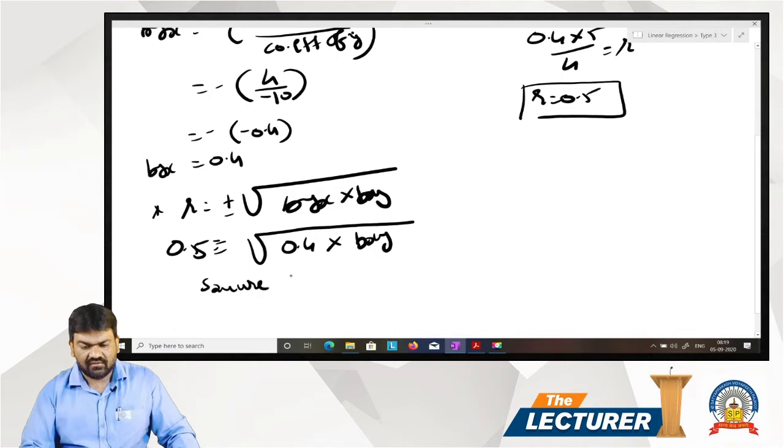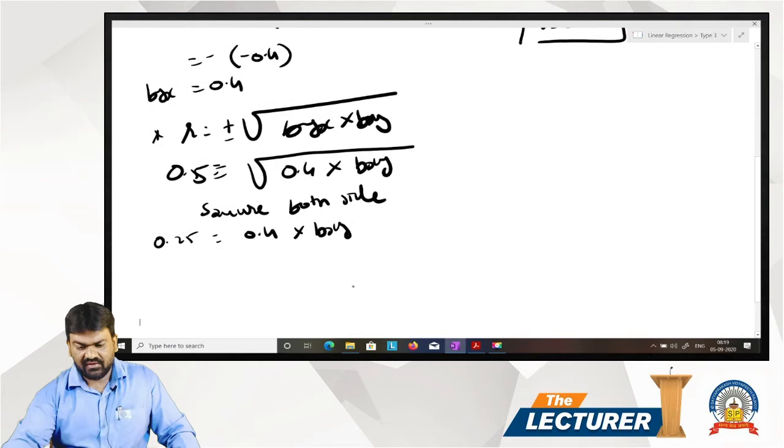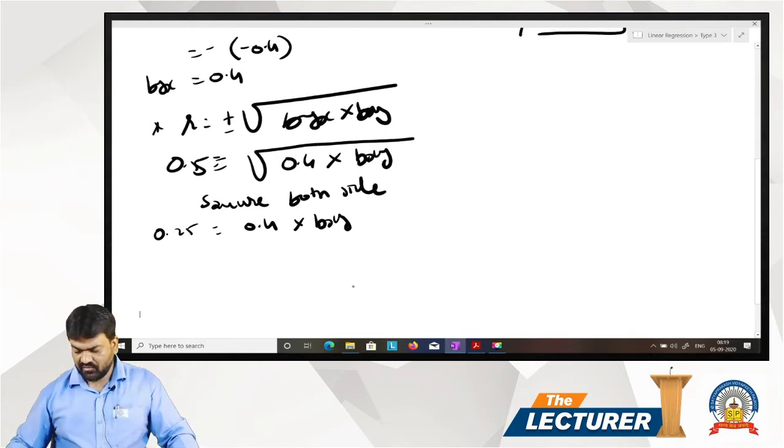Square both sides. The square of 0.5 is 0.25, equal to 0.4 multiplied by bxy. 0.25 divided by 0.4 is equal to 0.625, which is bxy.